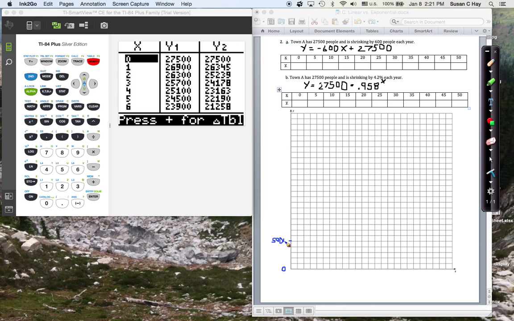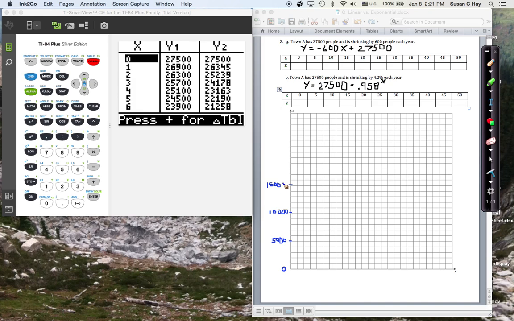So 5,000, and then 6, 7, 8, 9, 10,000, and then going up by 1,000 each time after that. 10,000, and then 11, 12, 13, 14, 15. Notice how I'm not putting every single number along the y-axis, because not only does it create a lot of extra work, but it clutters up your axis.